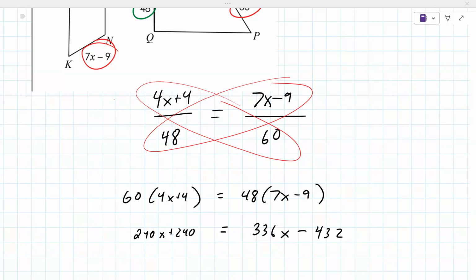That's a 40, right? 240. 240x plus 240, 336x minus 432.